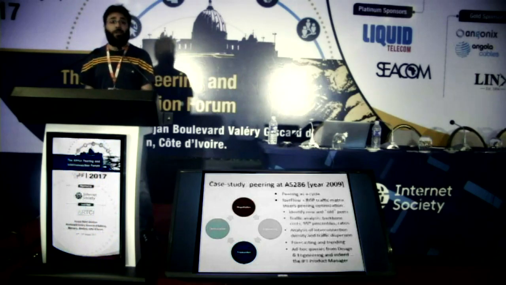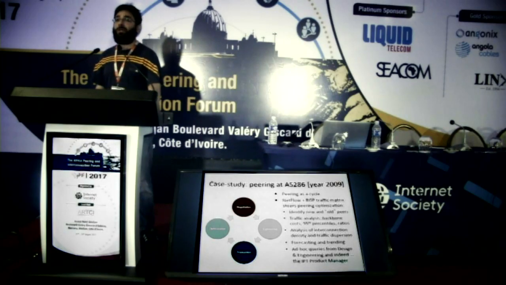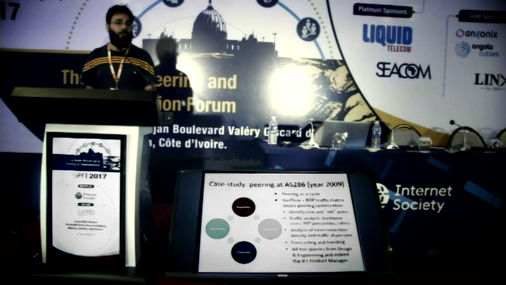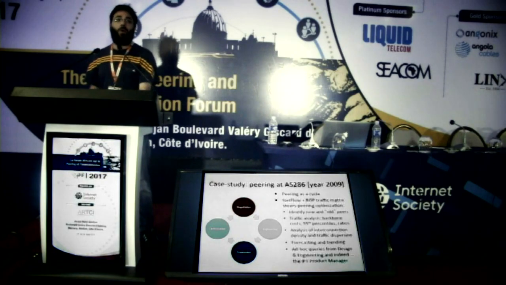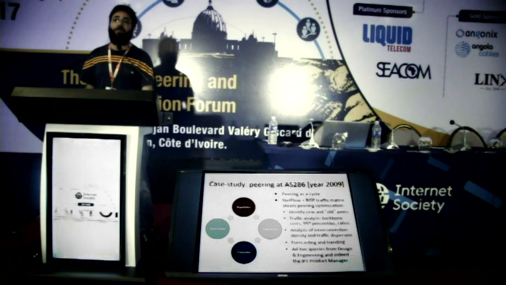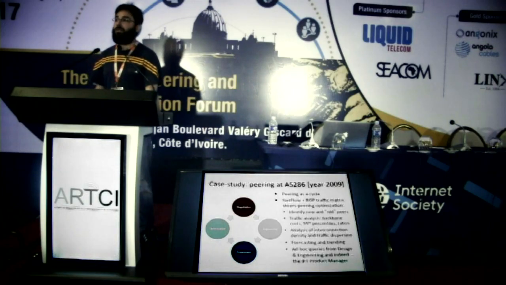We are peering at an internet exchange with many peers. We can analyze the traffic per peer and see whether we must take that specific peer off of the internet exchange. Imagine that you have a 1 gig port and you are exchanging 800 megs with just a single peer. You would maybe go to a private peering with that one, because it's monopolizing your IXP bandwidth.